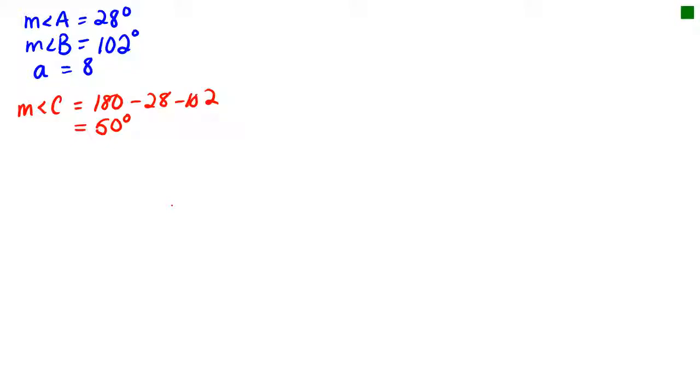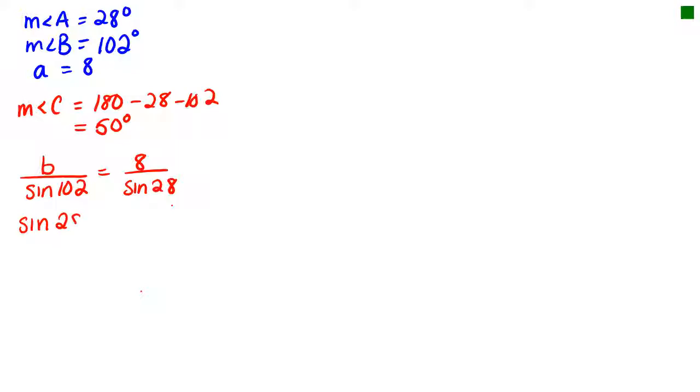All right, and I need side B and side C. So side B is going to be sine of angle B. Side A over sine of angle A, and I'm going to cross multiply.